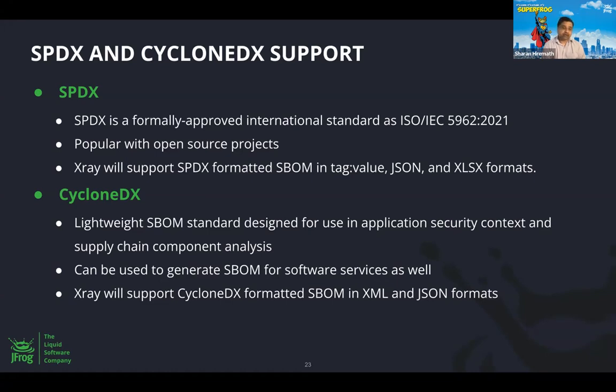And the focus is on security. It's not a standard yet, but it's on the standards track. There are a lot of contributions going on with CycloneDX, and even JFrog is involved in this standard. So at least in the first version, you will be able to output the SBOM in CycloneDX format. We are going to be supporting both XML and JSON formats.